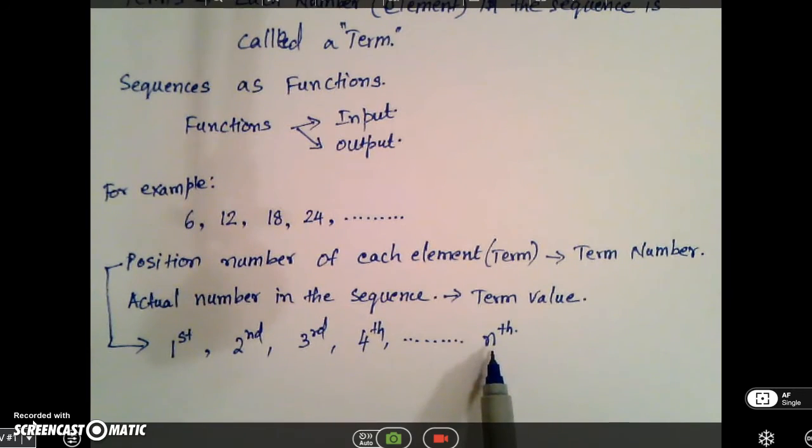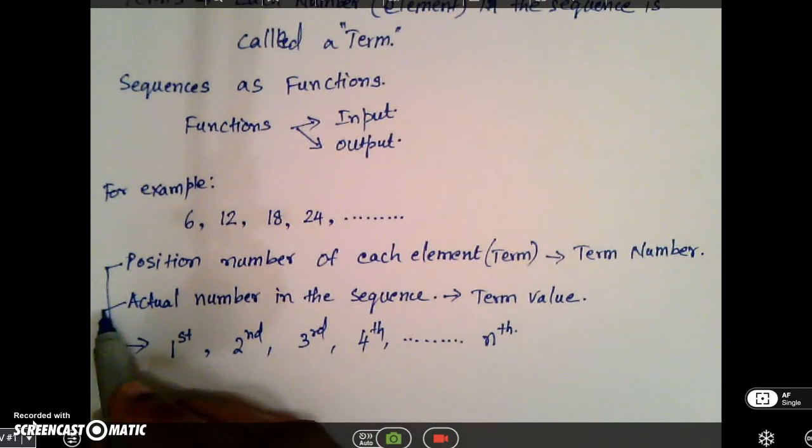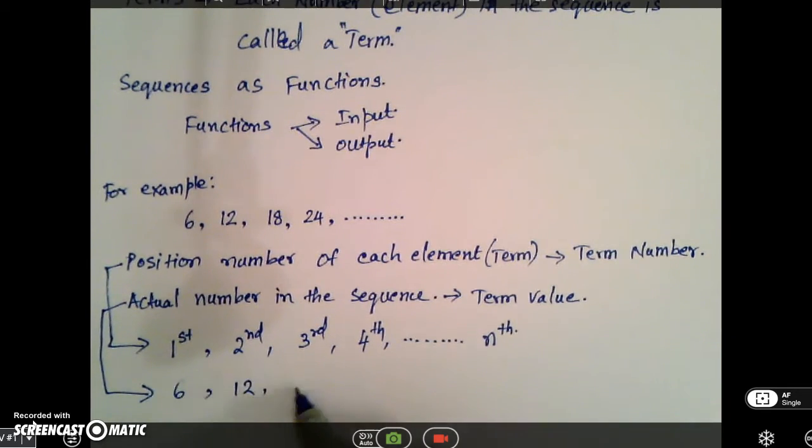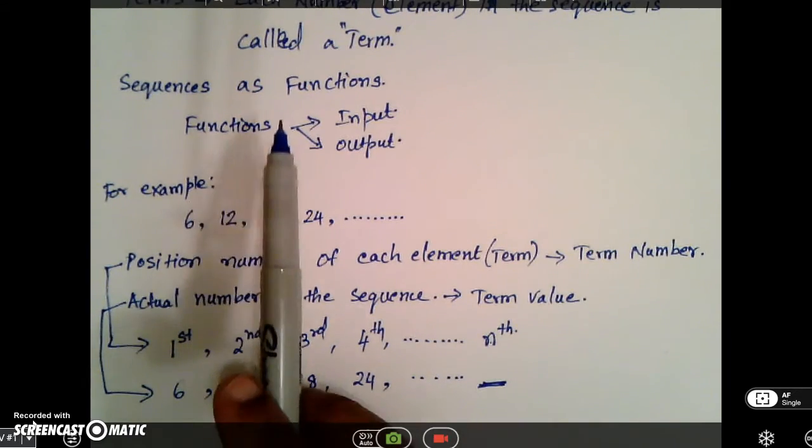So you have the position number and my actual number in the sequence, the term value, which are 6, 12, 18, 24, and so on and so forth. I don't know what number goes here until I know what my n is. So as we said, for our functions we need two things.